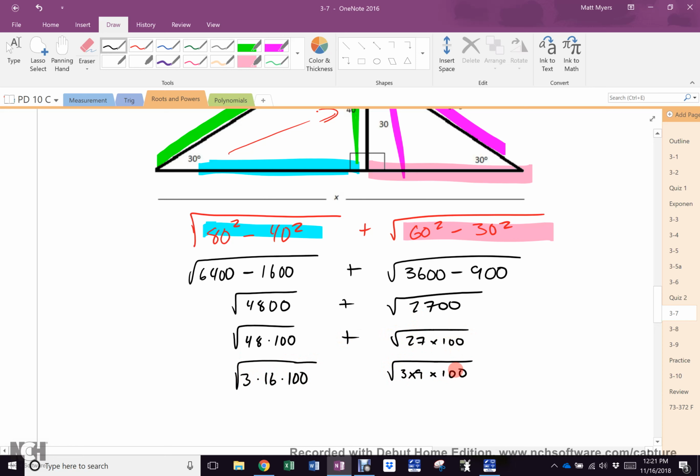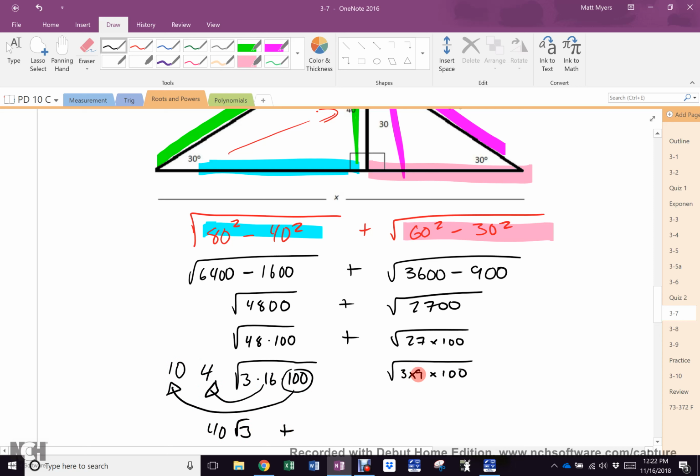Why did I choose 9 and 100? Perfect squares. What's the square root of 16? 4. So what comes out here? 4. What's the square root of 100? So what comes out here? They're now what? Coefficients. So they are 40 root 3's.